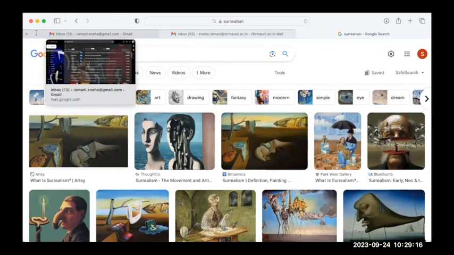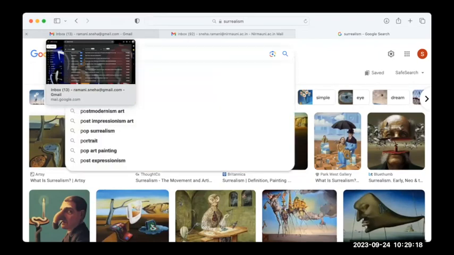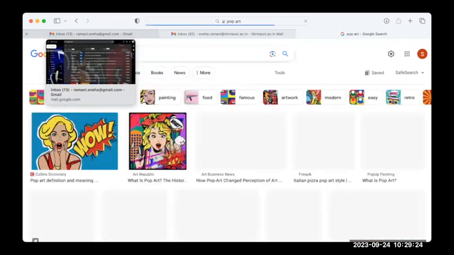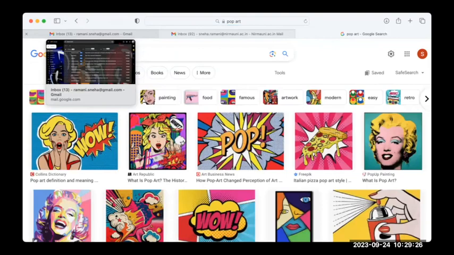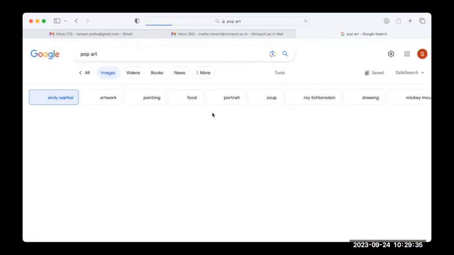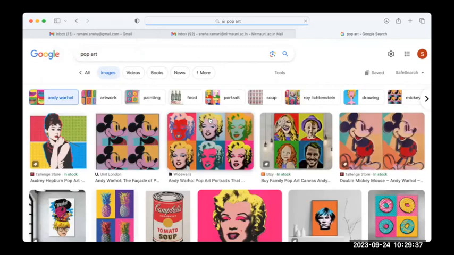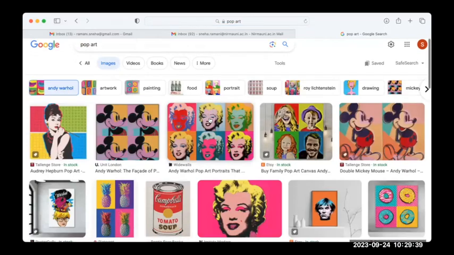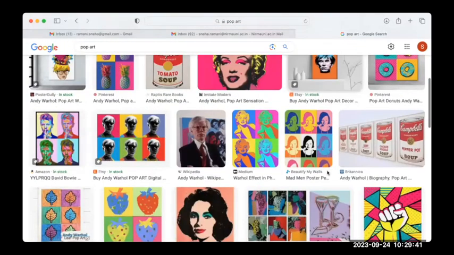Then was pop art. Pop art is not like this, but Andy Warhol, I will look at it. Very strong essence of color, geometry.